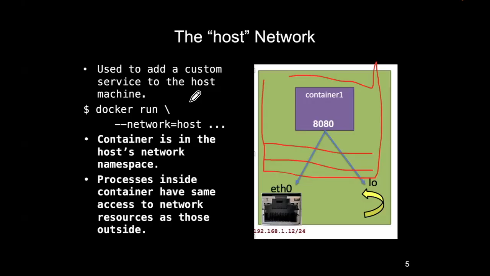Create an EC2 instance that is based on the Linux operating system. Then connect to that EC2 instance. That's something you would have done yourselves maybe last year in third year. Install Docker on that EC2 instance.